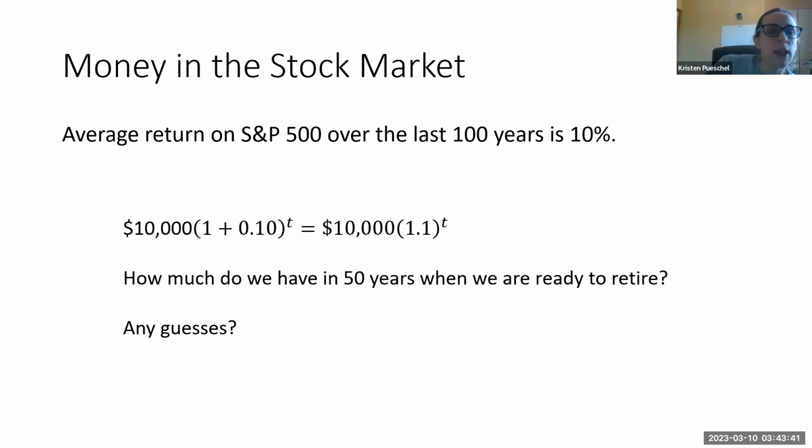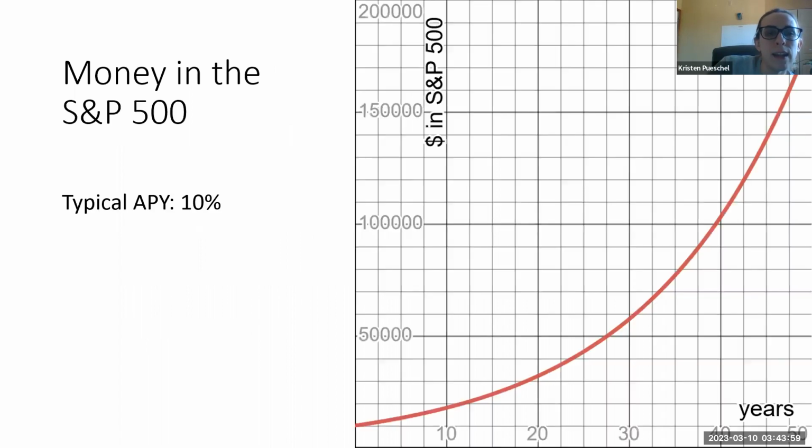We saw that when we had the high interest rate, that 3% allowed us to quadruple our money. So we went from $10,000 to about $43,000. Make a guess.